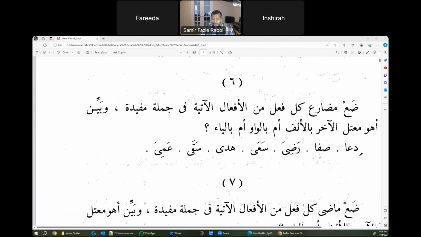So pick 2 to 3 of these verbs, for example, and then clarify whether the last letter is alif, waw, or ya, making it a fi'l that's mu'tal. So there's fi'l sahih al-akhir and mu'tal al-akhir. The ending is either mu'tal or sahih.